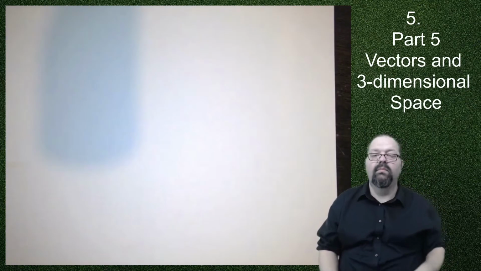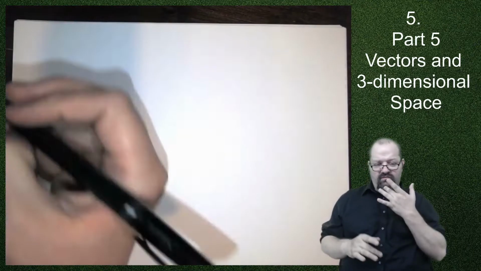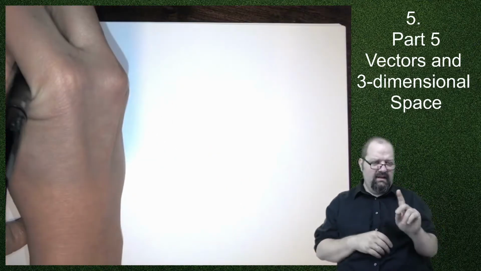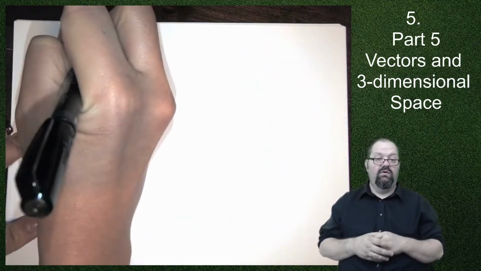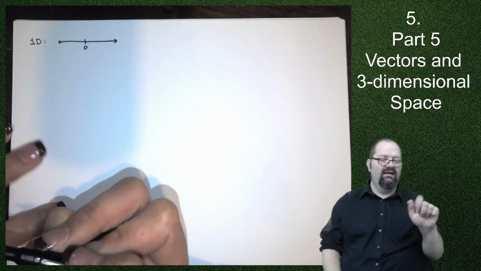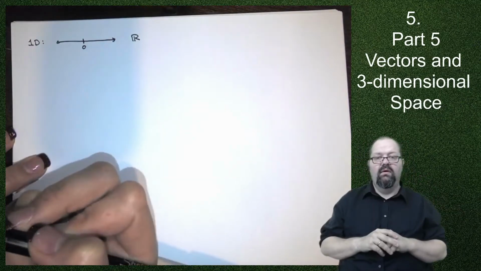I always like to generalize. I like thinking about dimensionality. So one dimension, just like the x-axis. Here's our 0, and it goes from negative infinity to infinity. Maybe that's all real numbers.